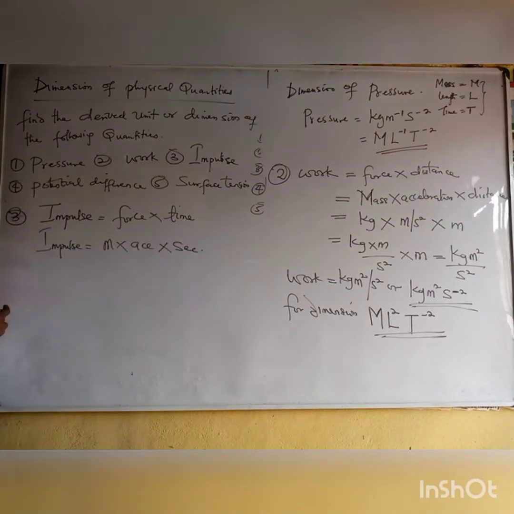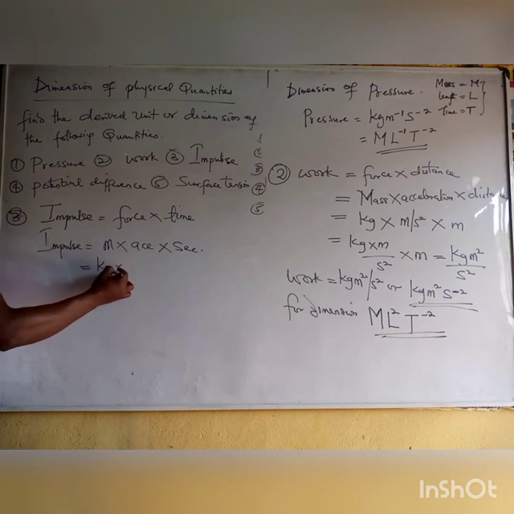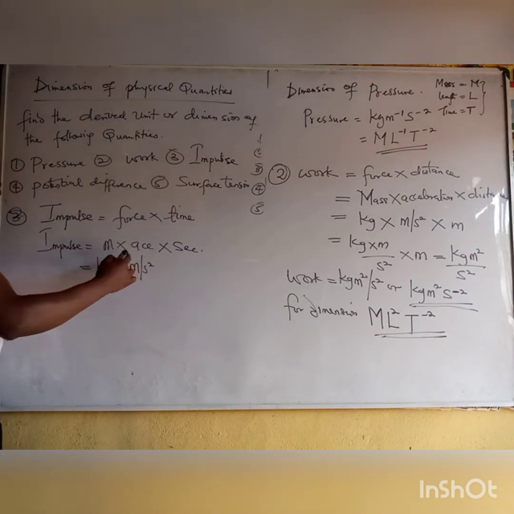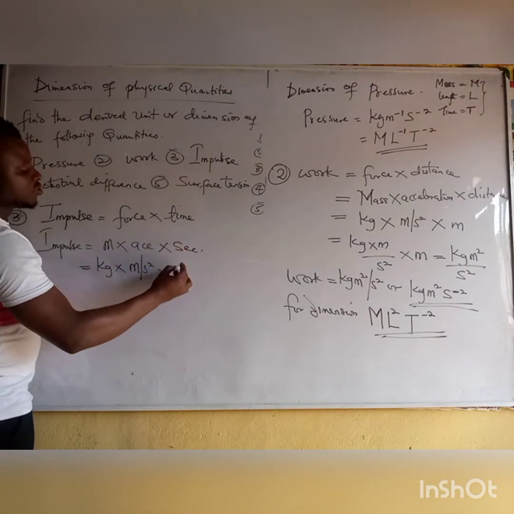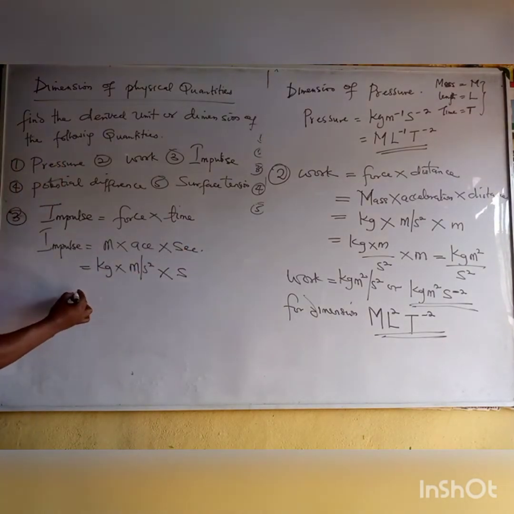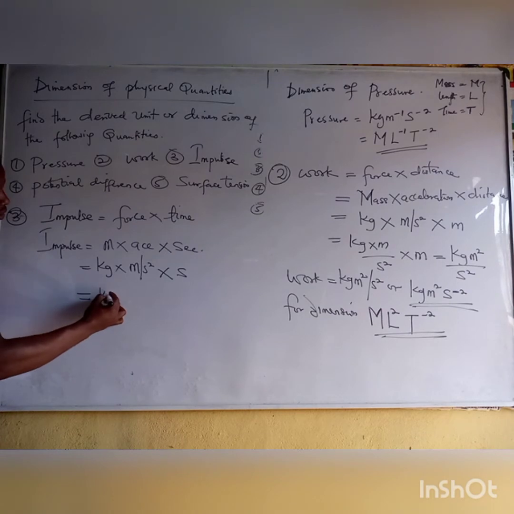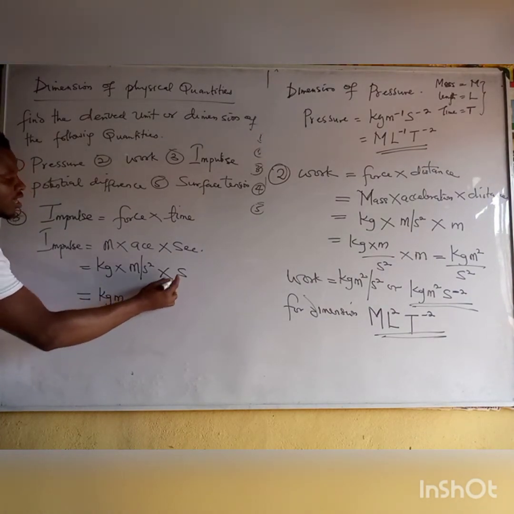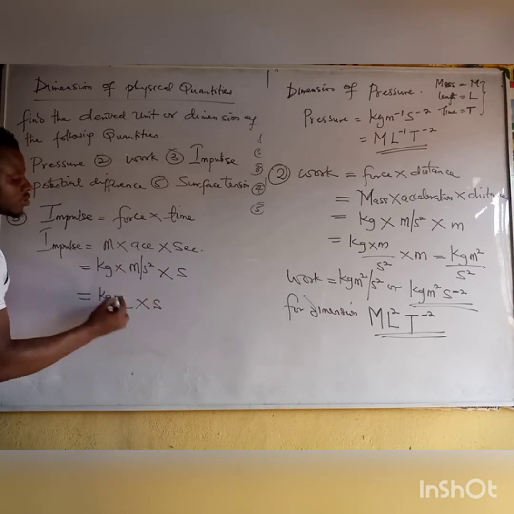Seconds. So in this case, we are going to have kg times meter per second square, which is acceleration, times the time, which is seconds. So we have kg meter over second square times seconds.